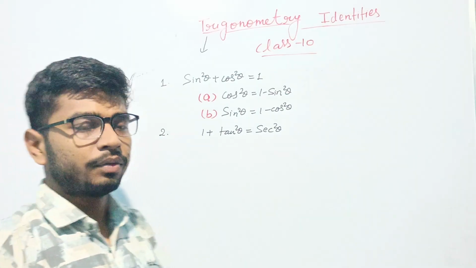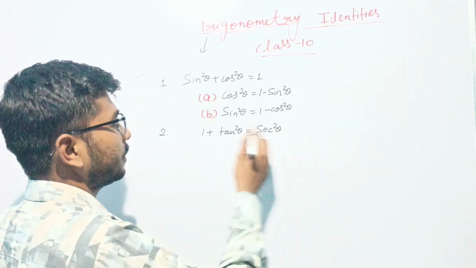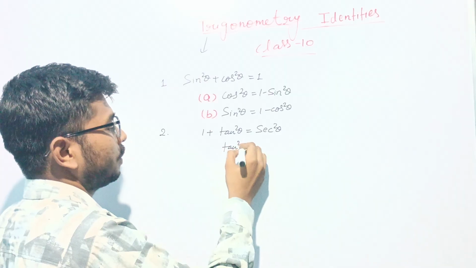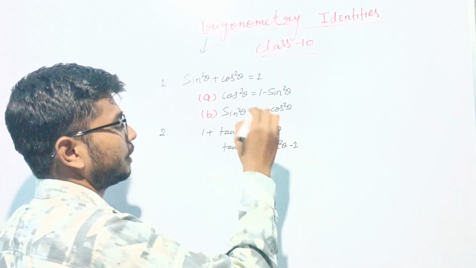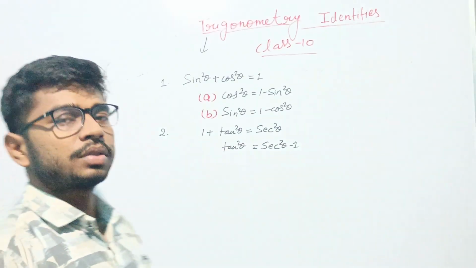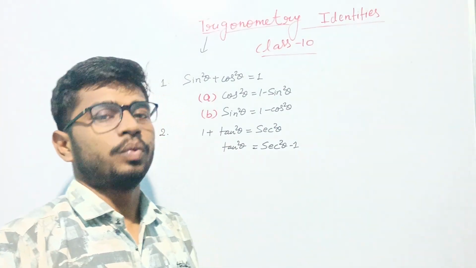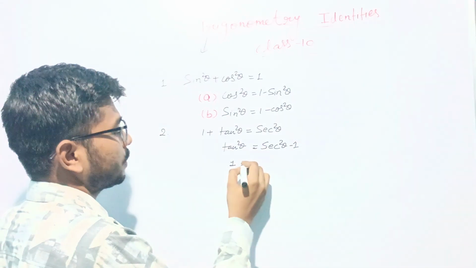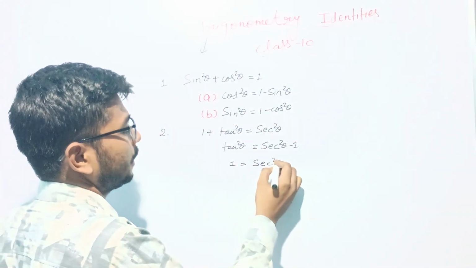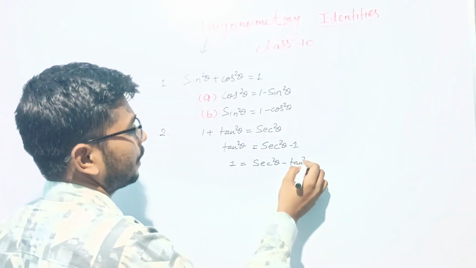So this is the second formula. If you transfer 1, tan square theta is equal to sec square theta minus 1. Or if you transfer tan square theta, 1 is equal to sec square theta minus tan square theta.